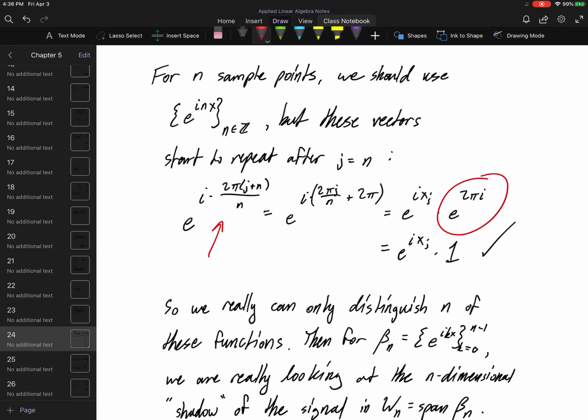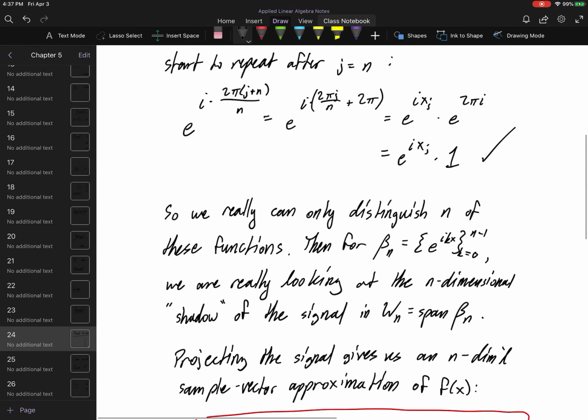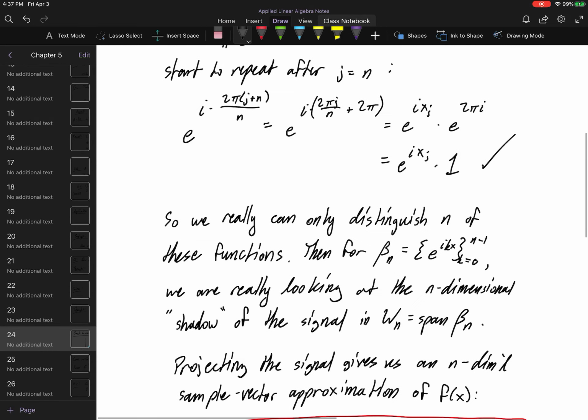You can distribute the multiplication in the numerator, separate it into two different fractions, and you wind up with two different terms, one of which, based on Euler's formula, gives me cosine of 2 pi plus i times sine of 2 pi. And scholars of trigonometry can tell me that this is 1 plus 0 times i, which is just a 1. So that means that if I shift by n integers later, I'm going to get exactly the same reading as n spaces before.